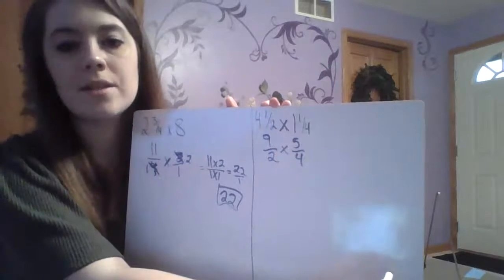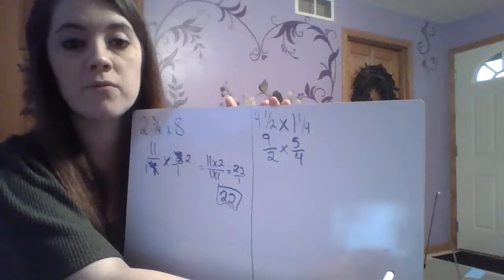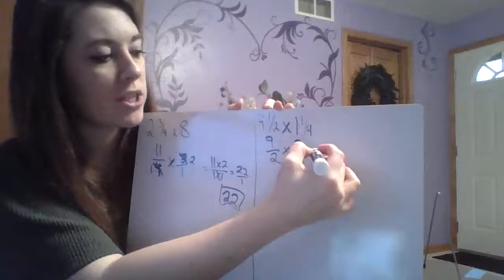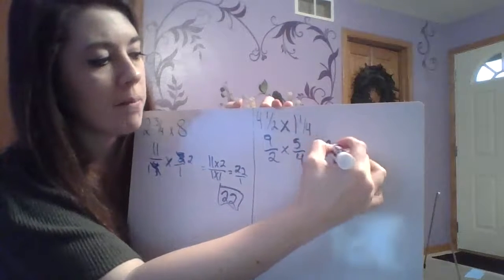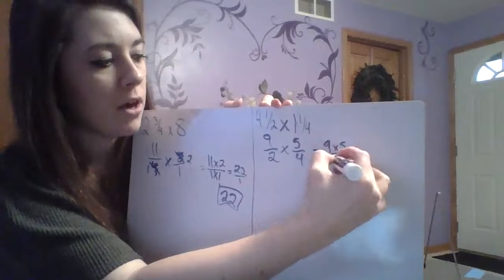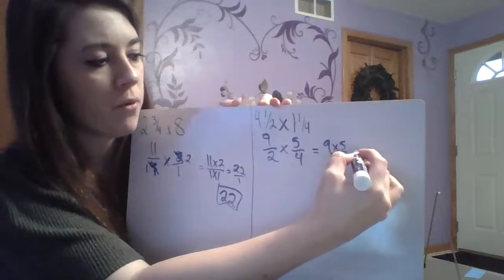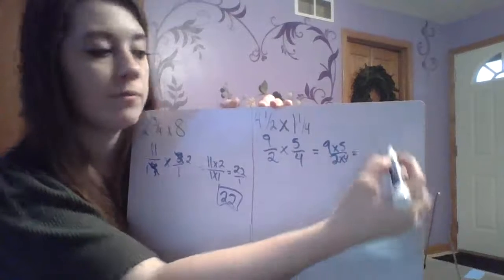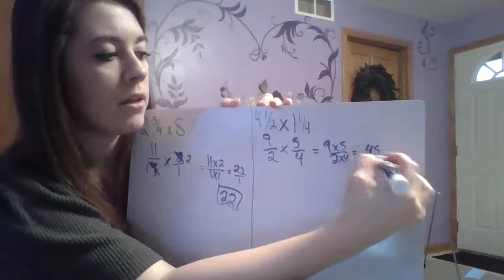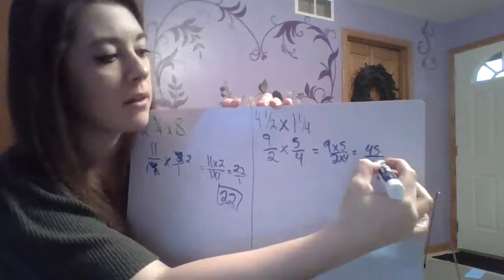Excellent. Now, is this one reducible or simplifiable first and foremost? Nope. So we just multiply. So across the top, 9 times 5. Across the bottom, 2 times 4. 9 times 5 is 45. 2 times 4 is 8.